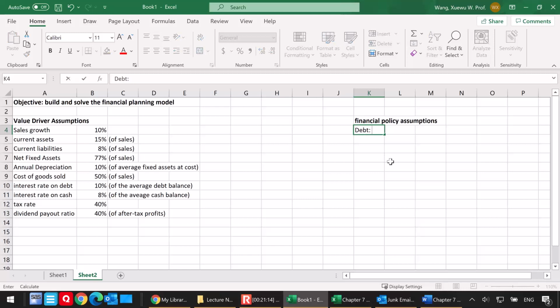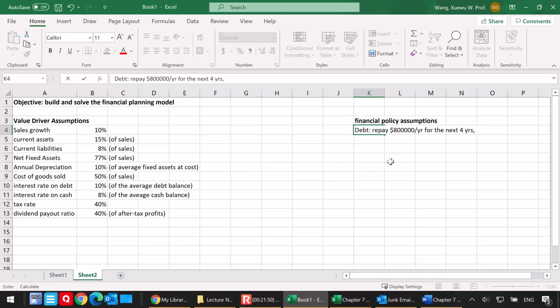The firm right now has debt, so we're just going to say the firm will repay $800,000 of debt per year for the next 4 years. So the firm is going to retire $800,000 of debt per year for the next 4 years. That's a total of $3.2 million, and that will pay off the existing debt.